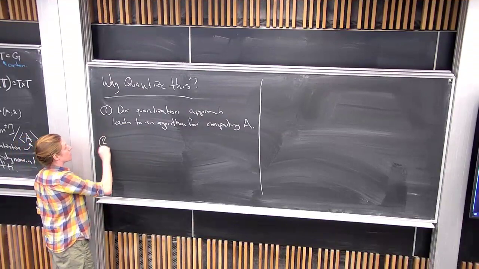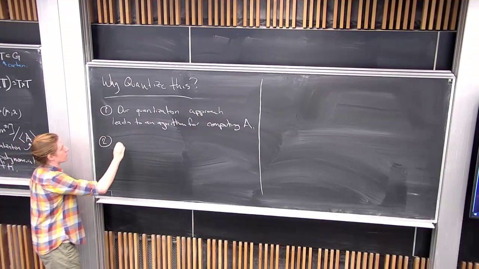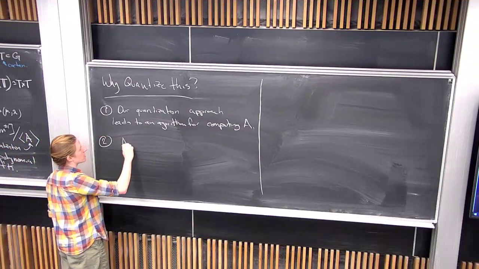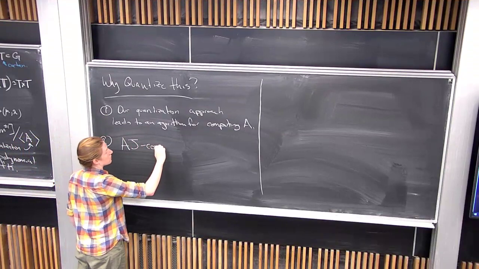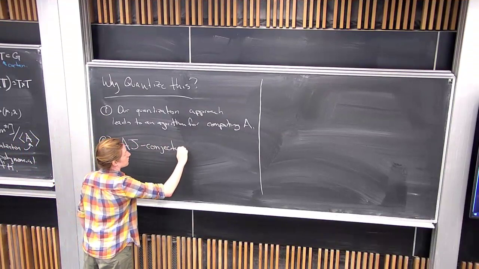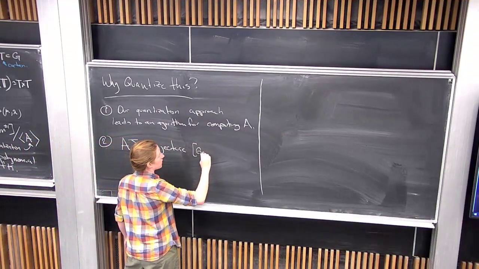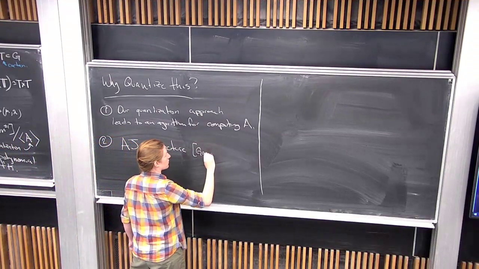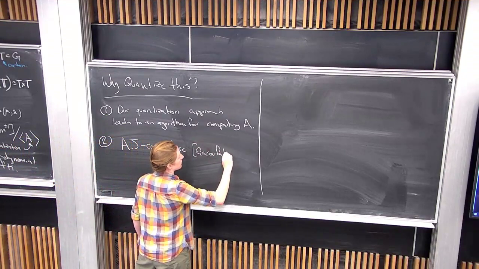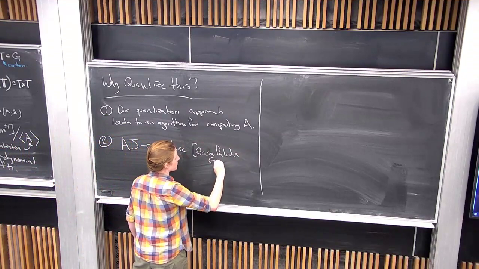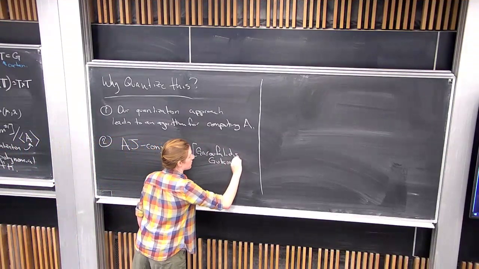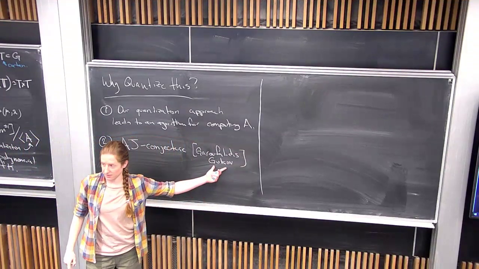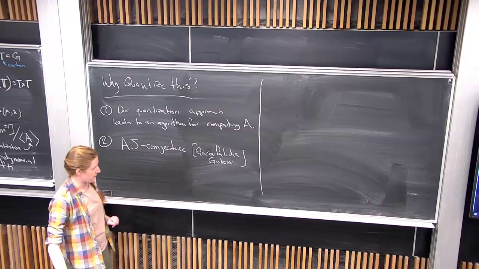And then maybe a more exciting reason is that there's a conjecture called the AJ conjecture, which is due to Garoufalidis and Gukov separately. Gukov's version is the physicsy version, and Garoufalidis is the mathy version.